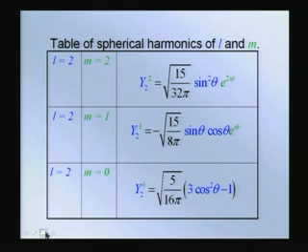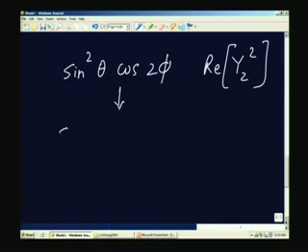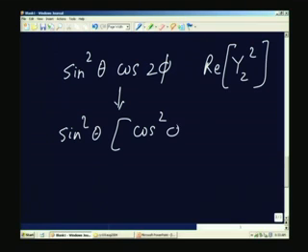Let us look at those. Sin square theta cos 2 phi. This is the real part of spherical harmonic Y22. This is nothing but sin square theta times cos square phi minus sin square phi.